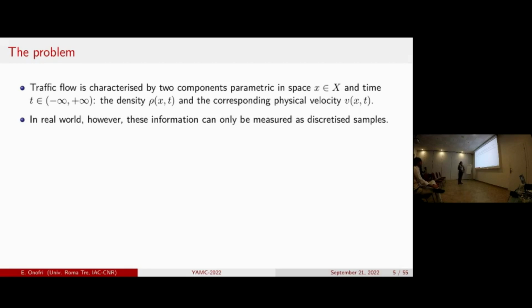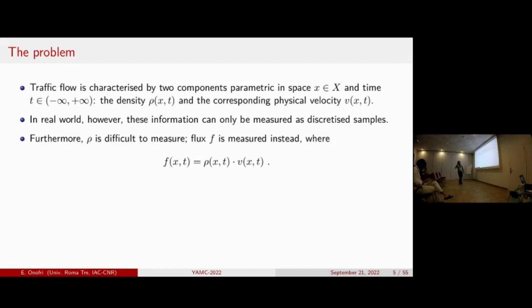In the real world, this information cannot be measured at each time and each place of our simulation, but instead we have, of course, some discretization, both in time and space. The density of the street is really hard to measure, because density is a physical concept that cannot really be measured if it is not a fluid.